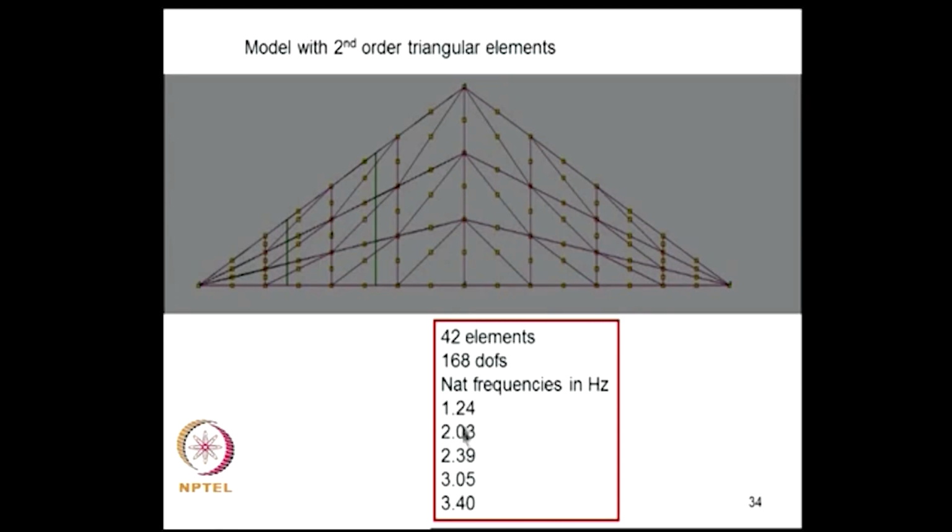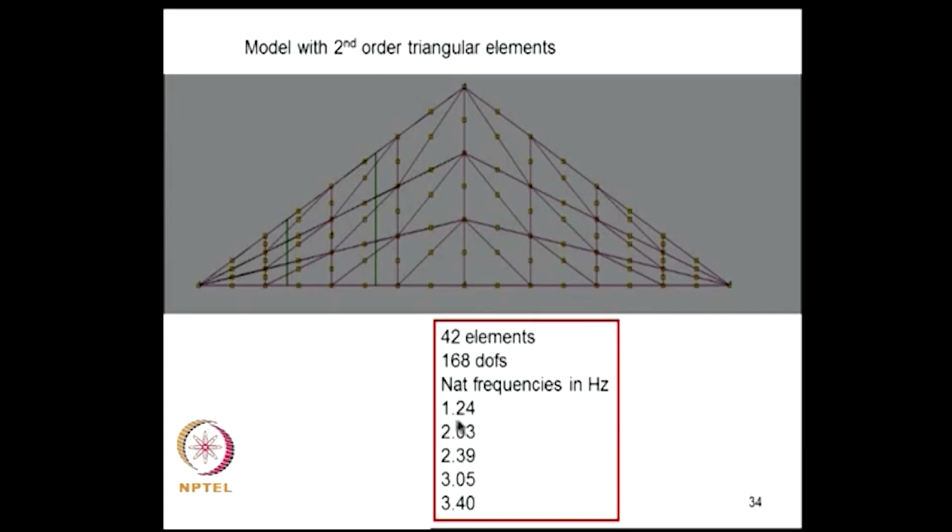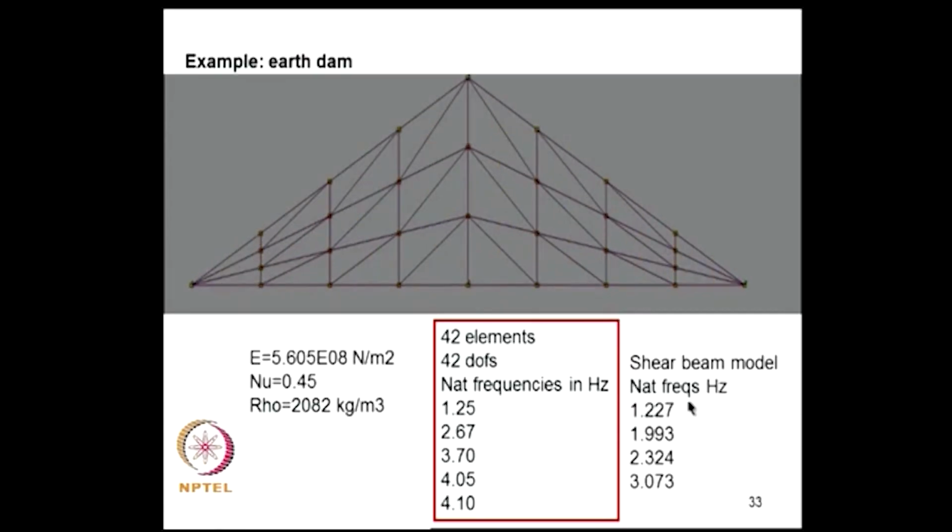So, the frequencies now change, and the first frequency is, if we have to believe this is 1.25, this is 1.227, and this seems to be moving towards that. But mind you, this is also an approximation to this behavior of this wedge. So, the underlying assumptions of shear beam behavior must be satisfied by this structure.